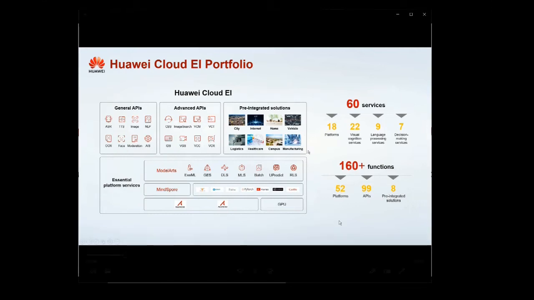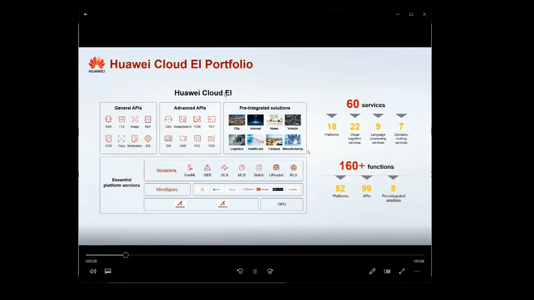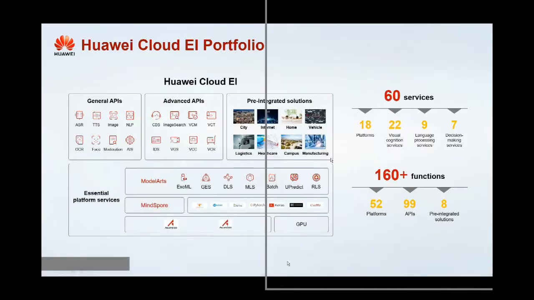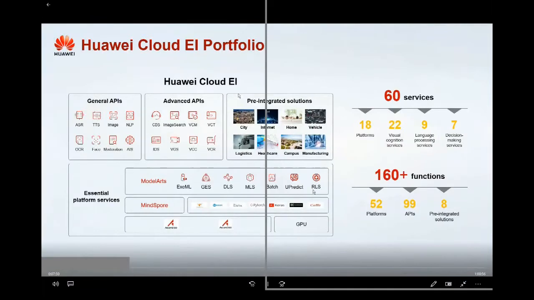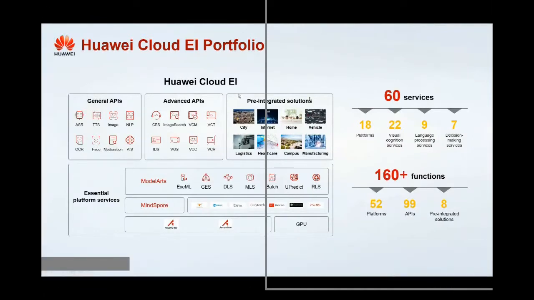So we see many different kinds of scenarios in different kinds of industries, and we build some pre-integrated solutions for them, and we cooperate with them to do some solutions and deliver to their customers. So this is our business.